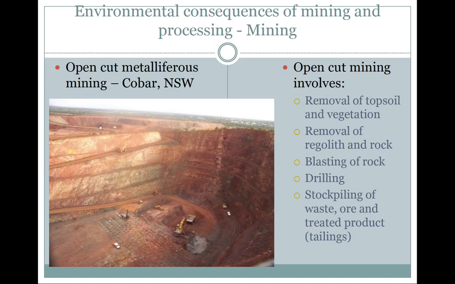At the back here might be some stockpiles. Then the ore is treated through a processing plant, and the product, the concentrate, is taken away, and the leftover from that is what we call tailings, and that's usually pushed into tailings dams or other sort of stockpiles. So quite a big footprint in terms of the mine site for open cut.